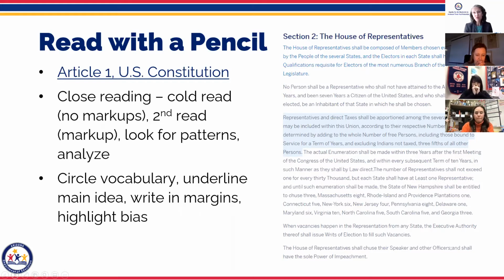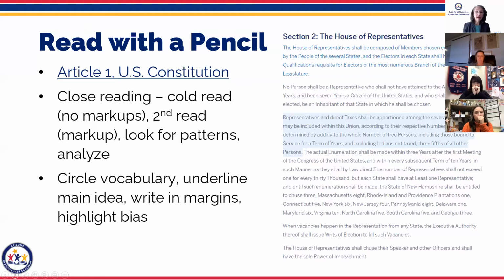Personally, how I did it was I would always have my kids read a section cold, pencils down, just read through it. I want them to just get the gist, the main idea of whatever text they happen to be reading. After that, I would have them get into the text with a pencil or pen, and that's when they start to mark it up. They're going to look for patterns.